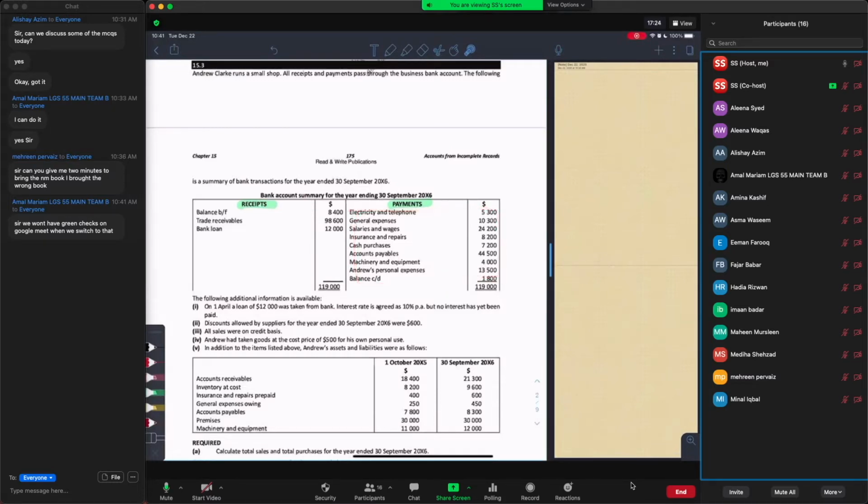You can see on the payment side, you have two basic types of payments. You have some expenses and payments to suppliers, and then there is a machine that you bought, that's a non-current asset, right? And some drawings. So you can see your payments, you have the usual applications.